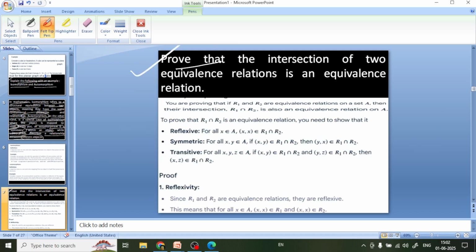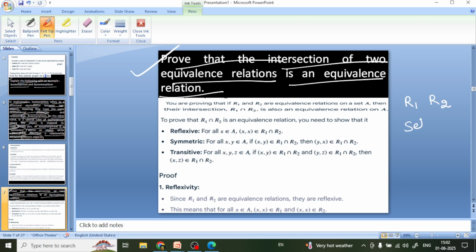Now, the third question is: prove that the intersection of two equivalence relations is an equivalence relation. You are proving that if you have been given relations R1 and R2, both equivalence relations on a set A, then their intersection, R1 intersection R2, is also an equivalence relation on A. To prove this, you need to show that it is reflexive, symmetric and transitive.